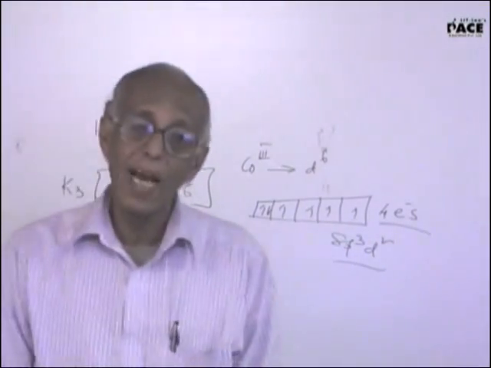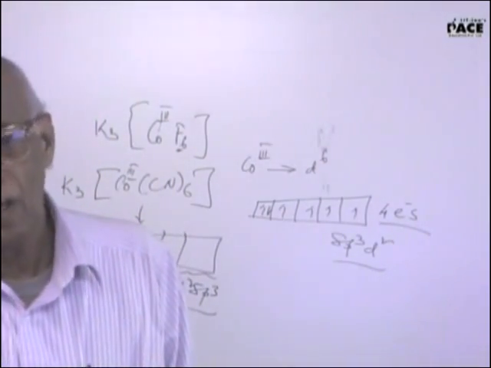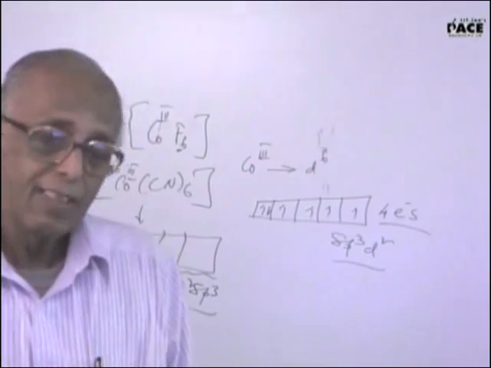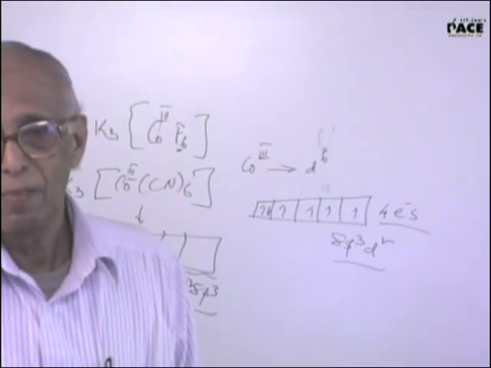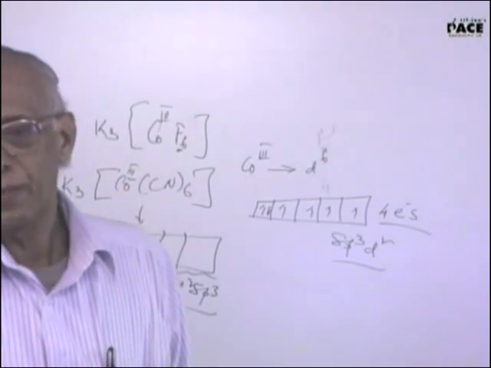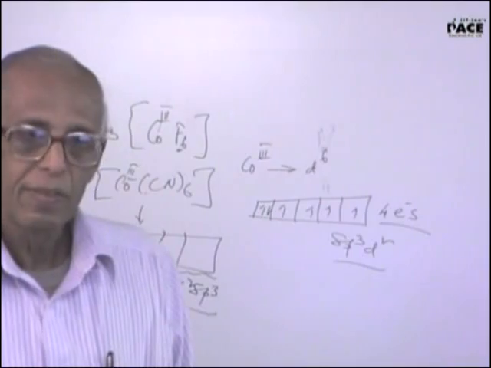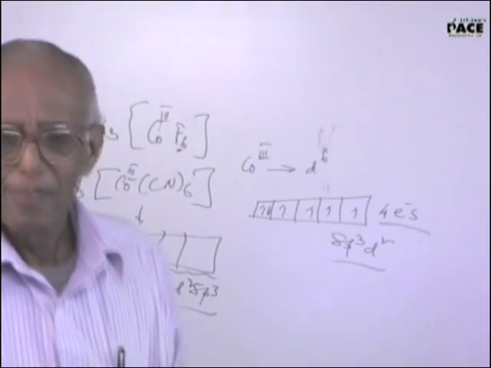So whether you have the vacant penultimate d orbital available or not depends upon the electronic configuration of the metal and the nature of the ligand, if it's a weak field ligand or a strong field ligand. Okay, we will discuss this in more detail. Don't worry about it.